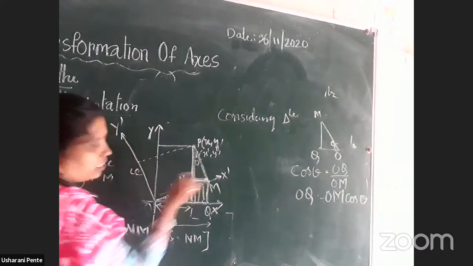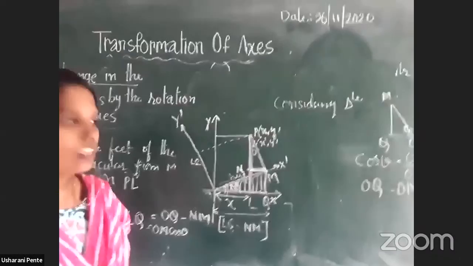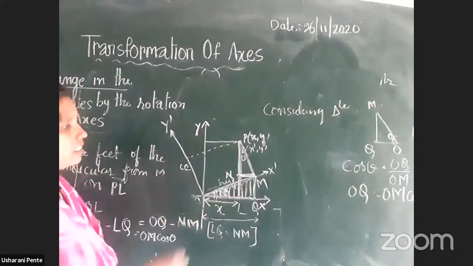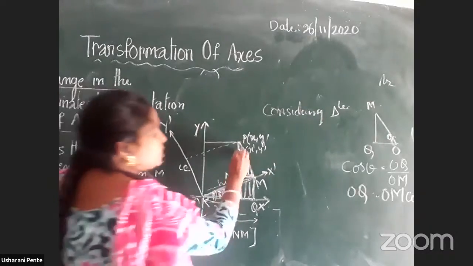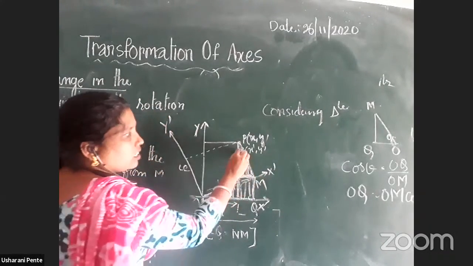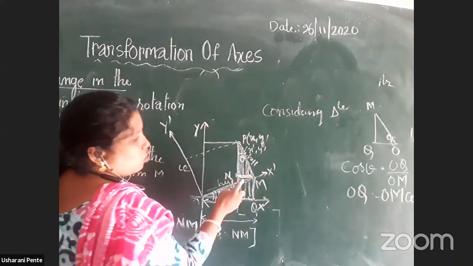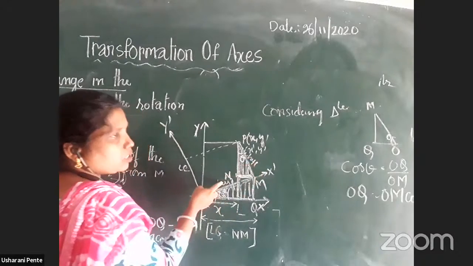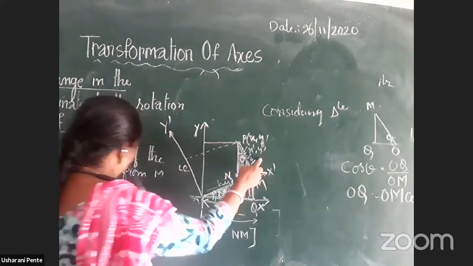In the similar way, if I take NM, where is NM? NM is over here. NM is in this triangle. That is, in this triangle, we will take the NM. This is the theta. Here, NM is nothing but the opposite side, while this is the hypotenuse. So opposite by hypotenuse will give us sine theta.